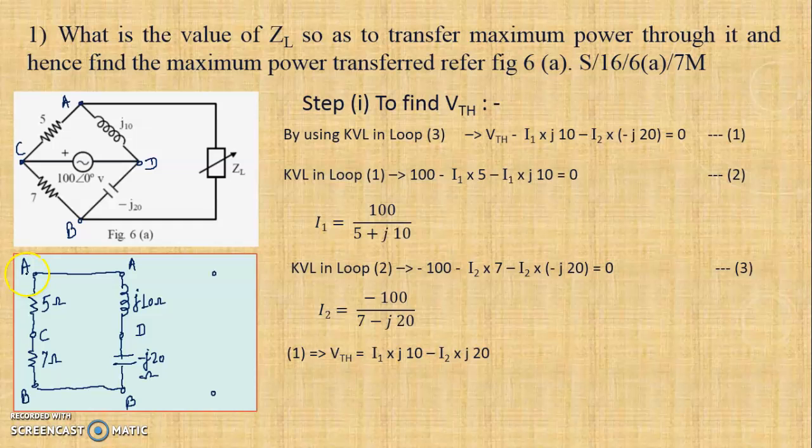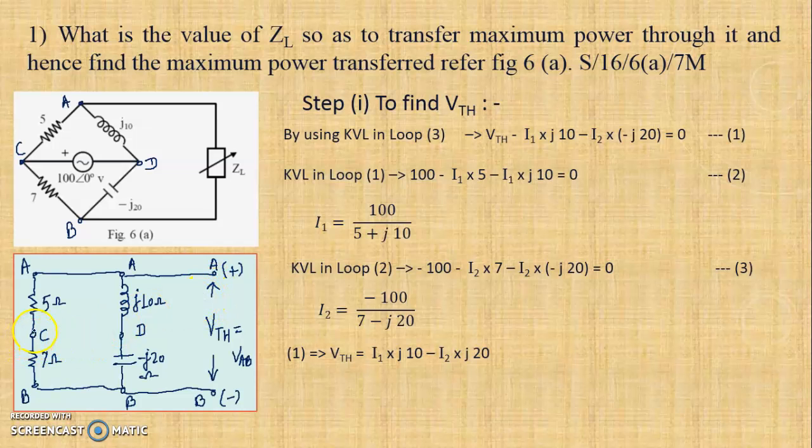So these two terminals are the same, that is A, and these two terminals are the same, that is B. Now again, between this terminal and the open circuit terminal of the load impedance there is no element present, so I just extend this line up to this terminal and I can call this terminal A. Similarly I can call this terminal B. So this open circuit terminal where ZL is opened represents Thevenin's voltage, or this can also be written as the voltage between A and B. Now as we know the rules, we can call A positive, B negative.